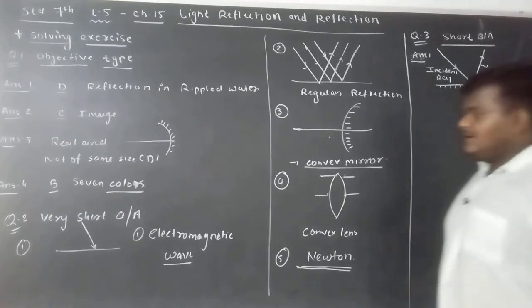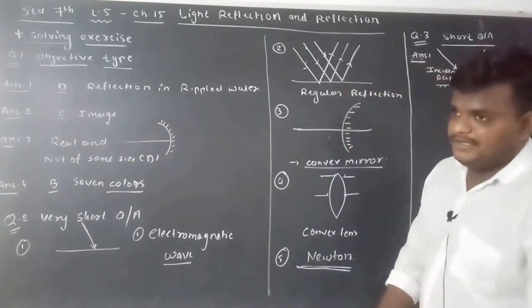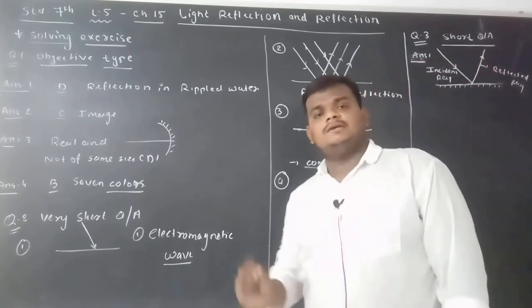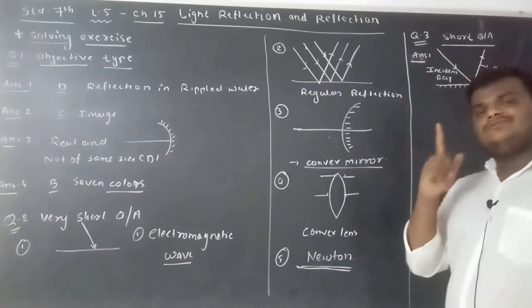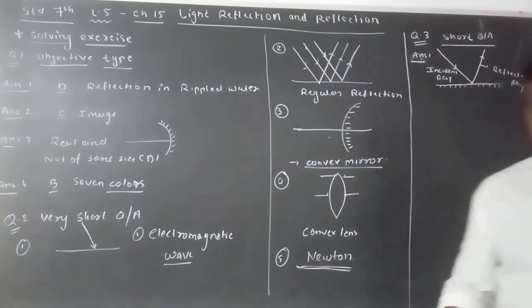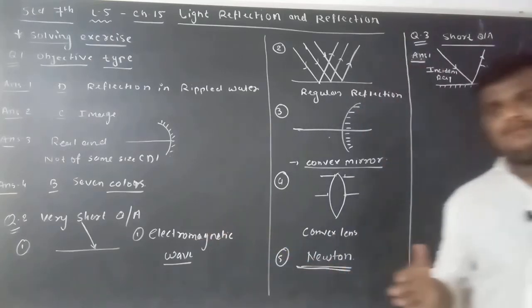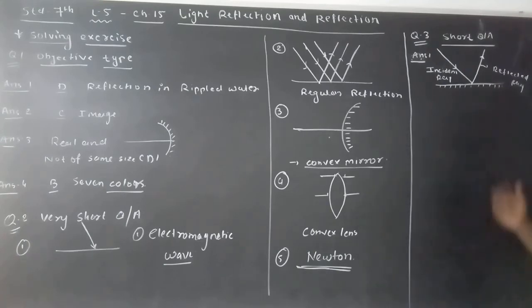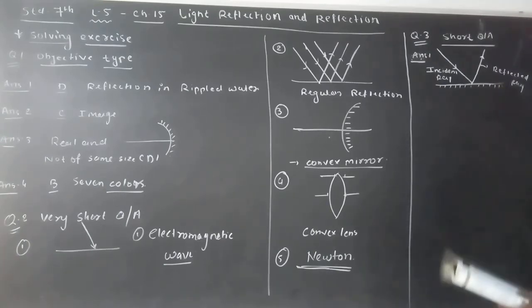So I am again repeating here, the light which is striking on the surface of an object is considered as an incident ray, and the light after the incidence gets reflected into the same medium, that light is considered as a reflected ray.